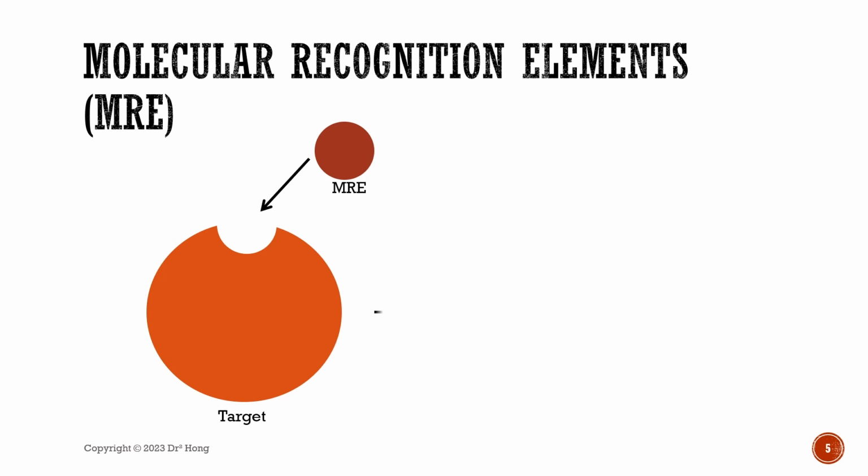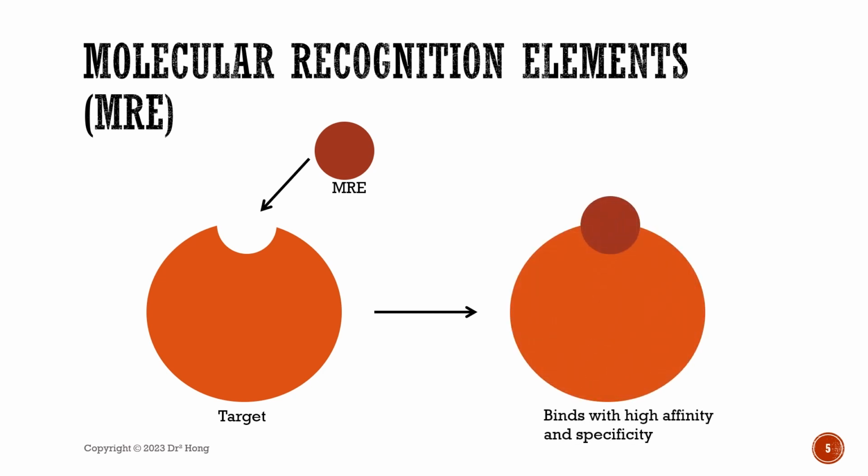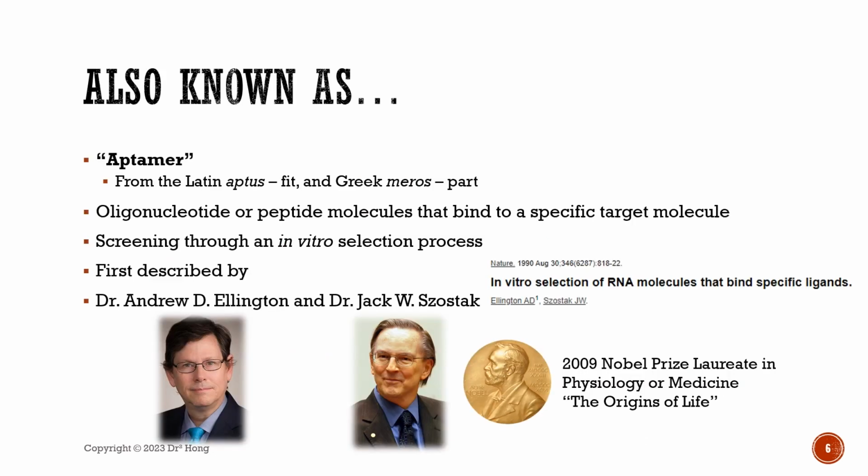And when this binding occurs, we always want them to have high affinity and specificity so that they could be useful. So when these molecular recognition elements are made of nucleic acids, we have a special name for them. They are also known as aptamers.